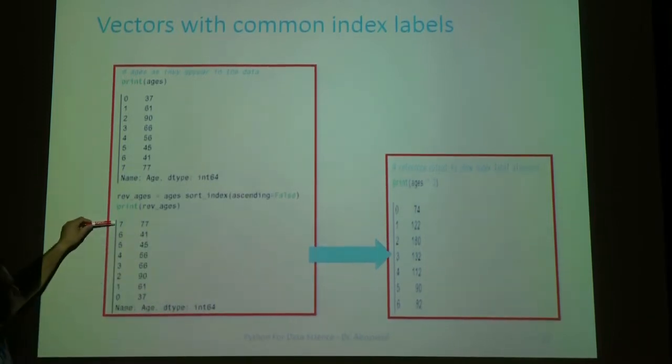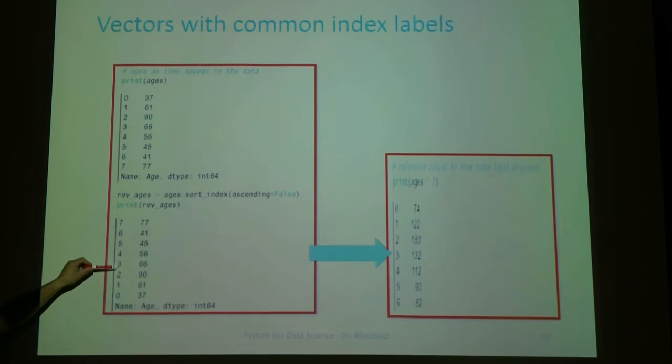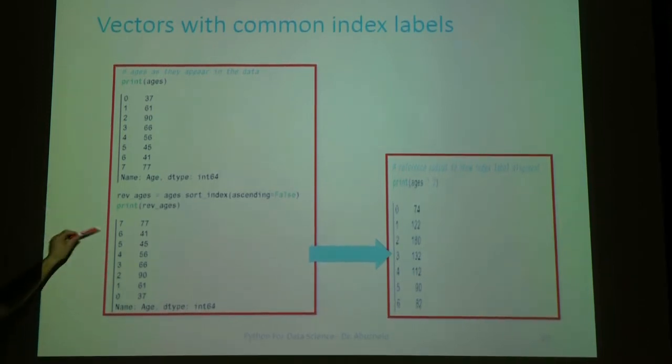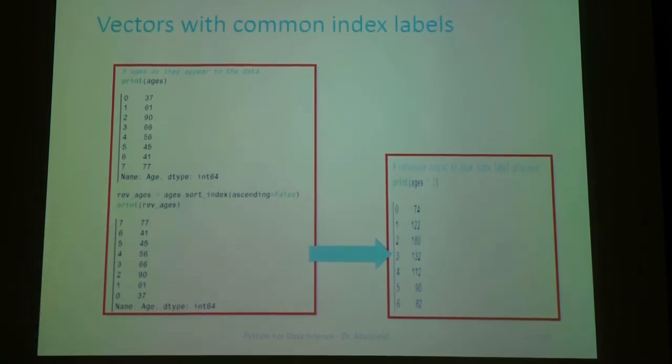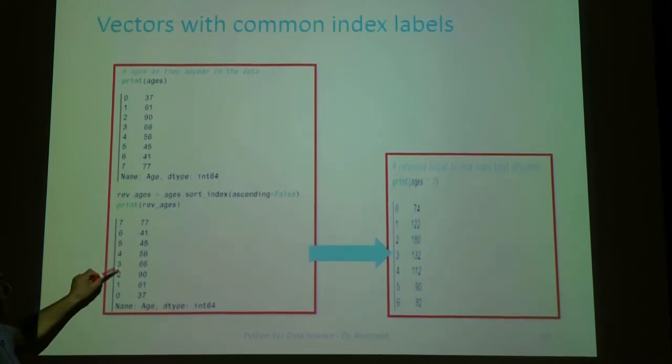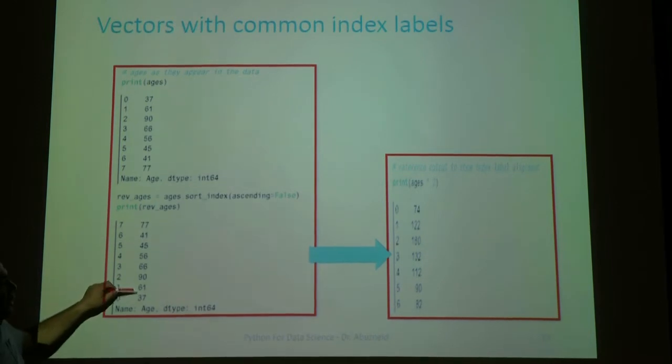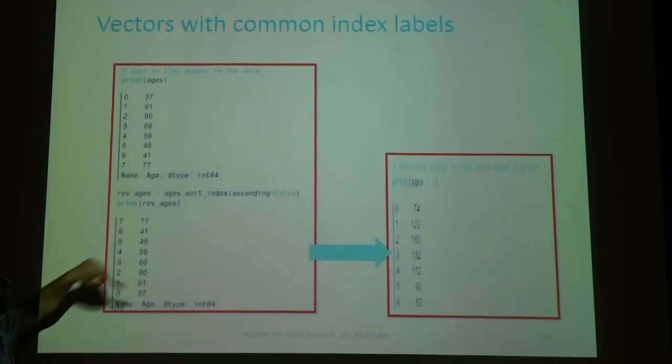So it starts with 7, 6, 5, 4, 3, 2, 1, 0. For example, 77 came first, then 641, and so on in reverse. This just displays it like that, but it will not save it.